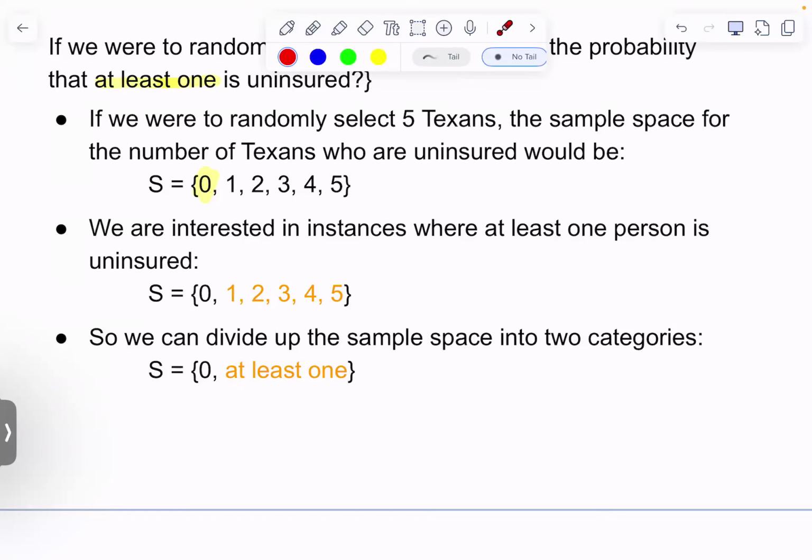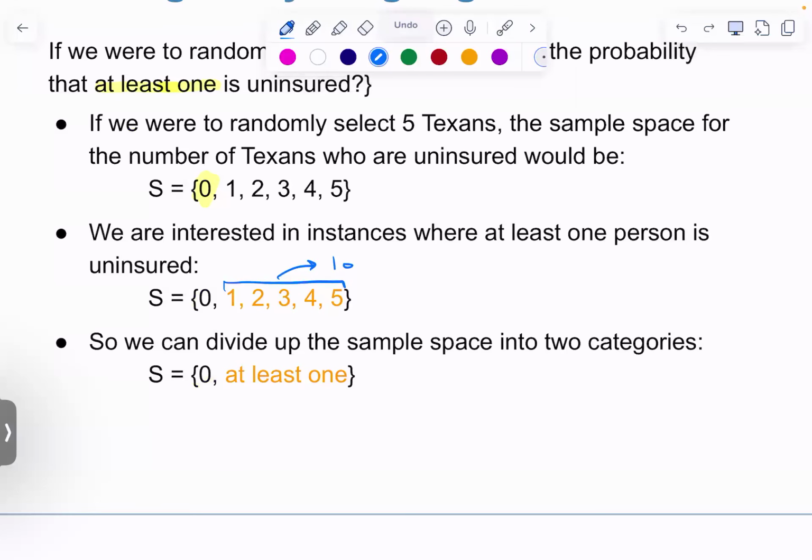So here, at least one is 1 or 2 or 3 or 4 or 5. This would be a lot of math. You'd have to find the probability that 1 is uninsured.